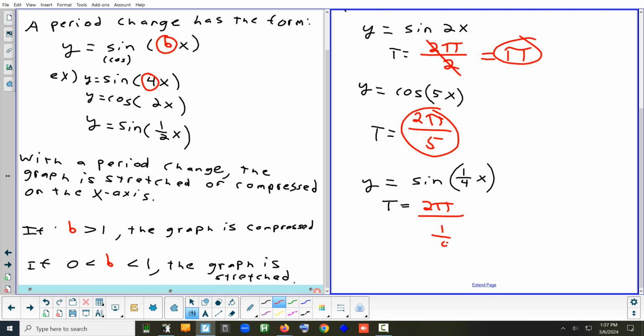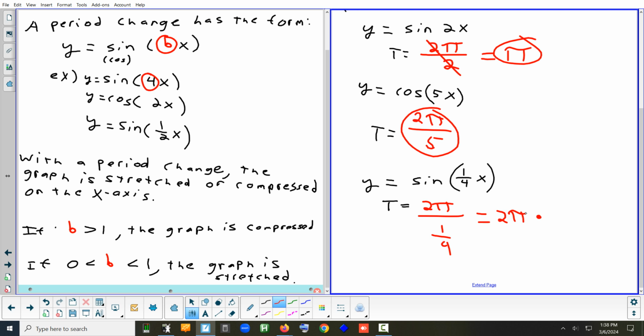So it's 2 pi over 1/4. Okay, how do you divide by a fraction? Yeah. Just multiply. Okay, did you change it to multiply? What are you going to multiply? 2 pi times 4. Yep. And then multiply the 1/4 by 4 over 1. So we're going to have 2 pi, and then times what?